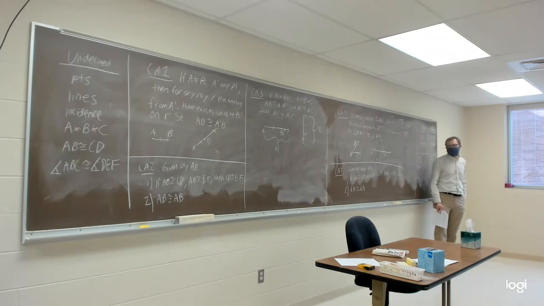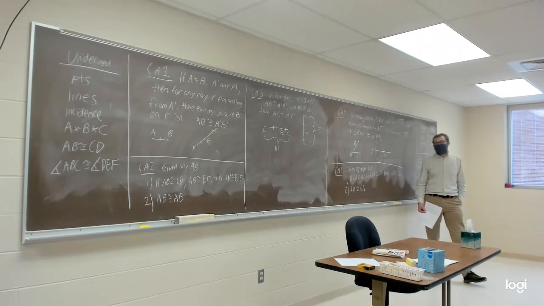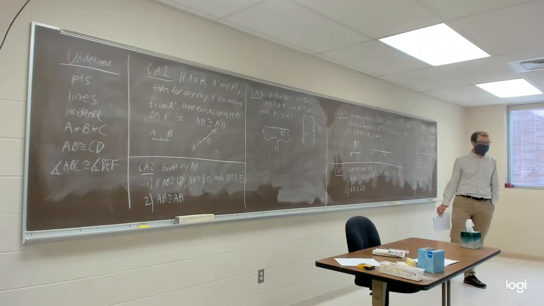I'm not even going to ask you which of the first three axioms this feels the most similar to. It's basically exactly the same as Congruence Axiom 2, just for angles instead of segment congruence.